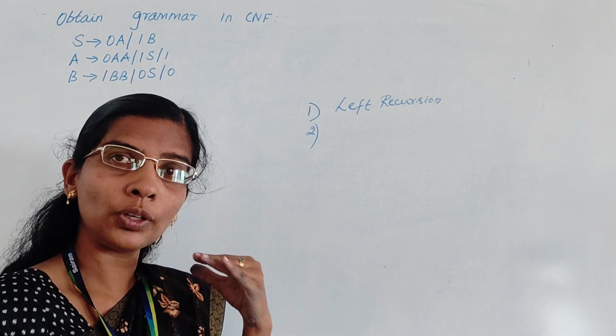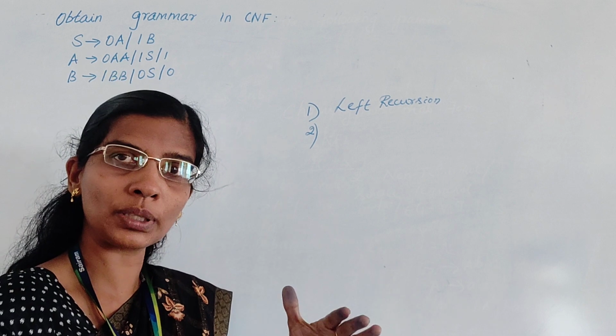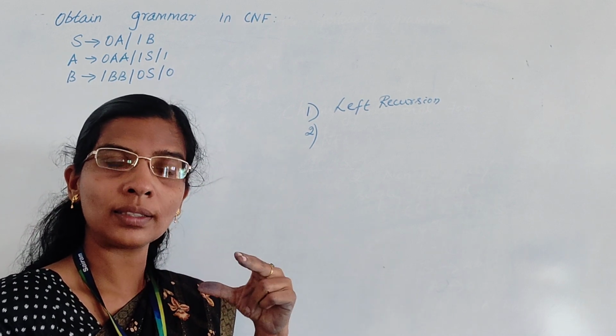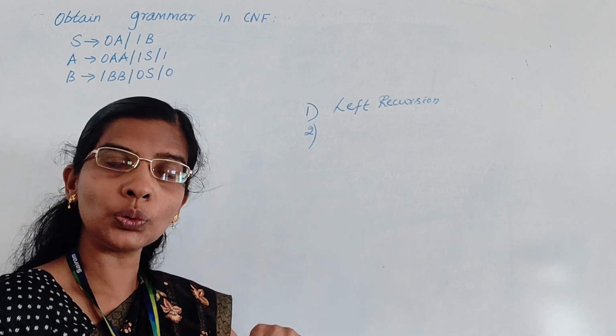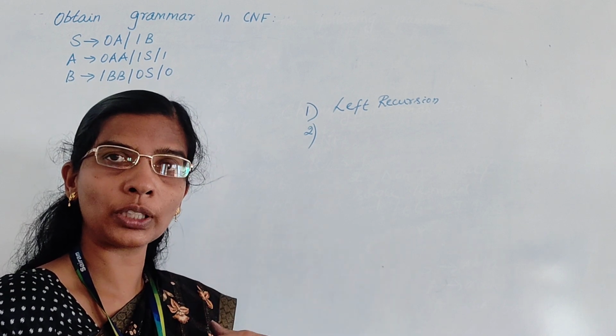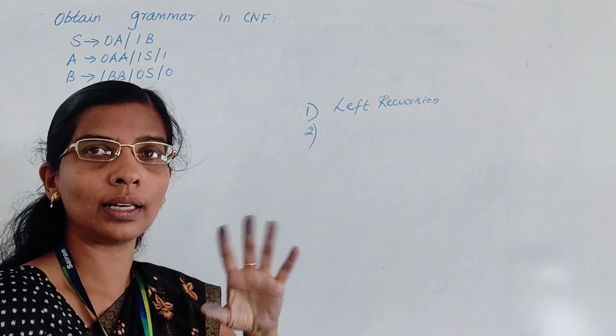Then check if your grammar has epsilon production. If it has, eliminate epsilon production. You'll get a resulting production. With that answer, eliminate unit production. With that answer, eliminate useless production. You'll get an answer, right? With that answer, you have to do CNF.